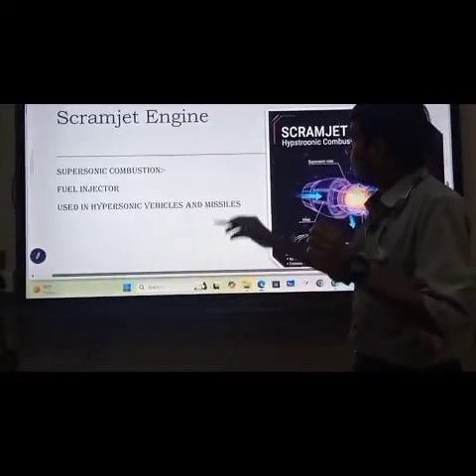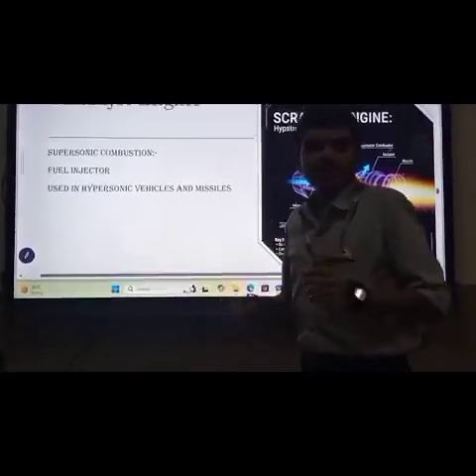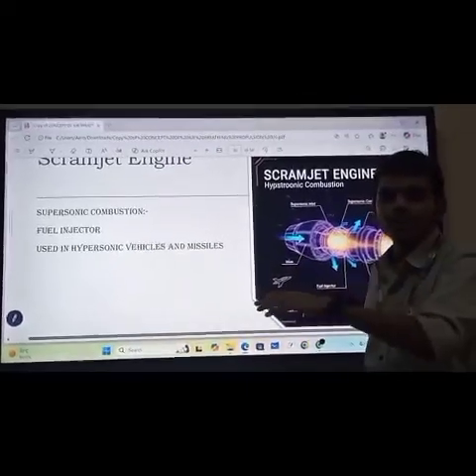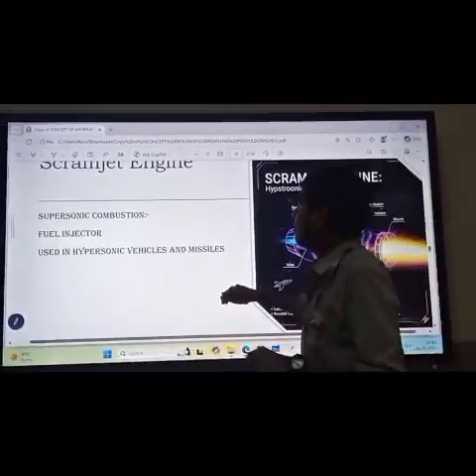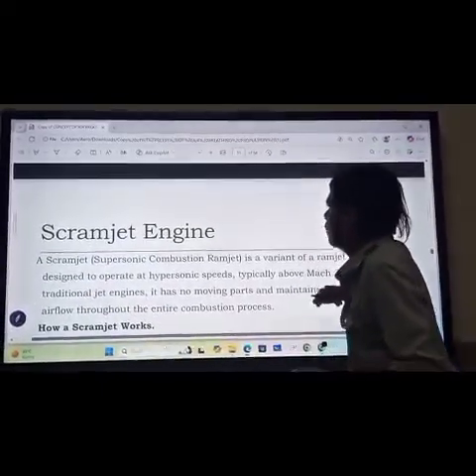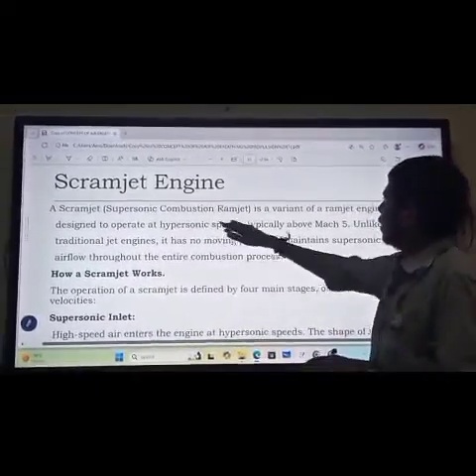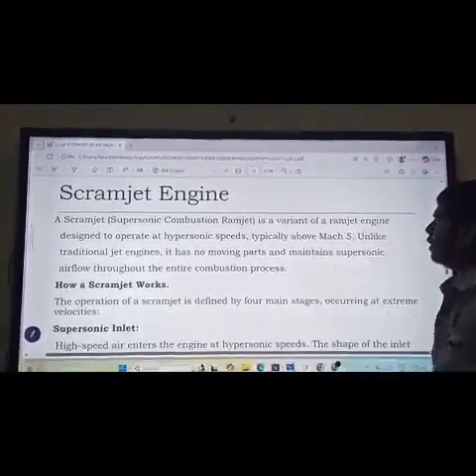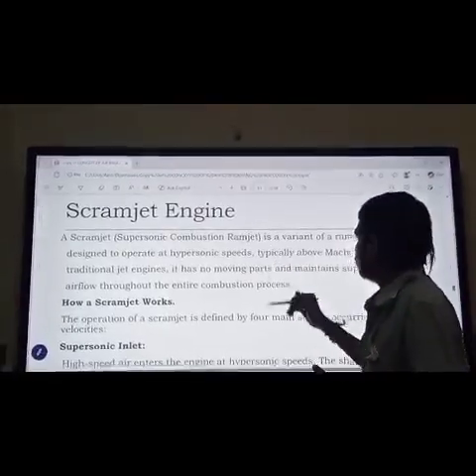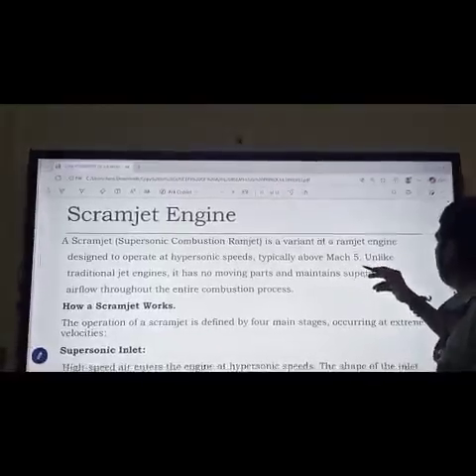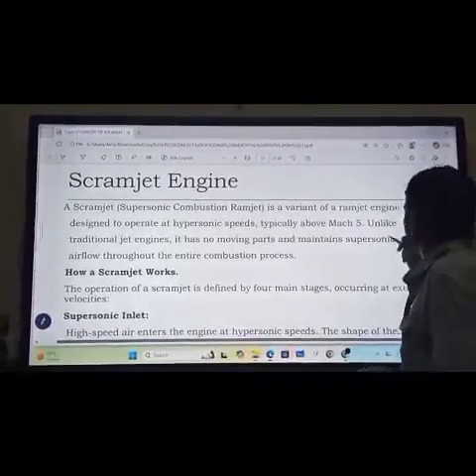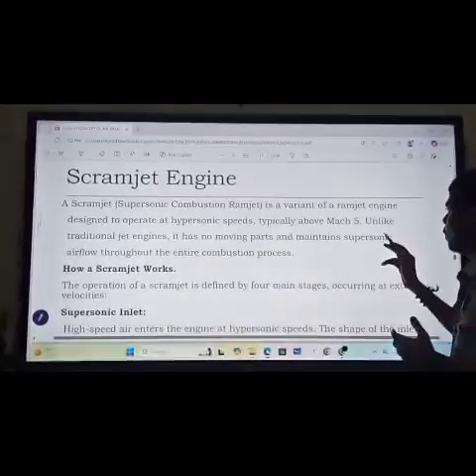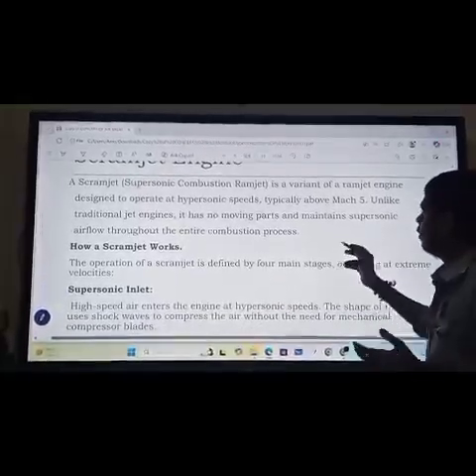Scramjet means supersonic combustion ramjet engine. The scramjet is a variant of the ramjet engine designed to operate at hypersonic speed, practically above Mach 5. Unlike traditional jet engines, it has no moving parts and maintains supersonic airflow through the entire combustion process.